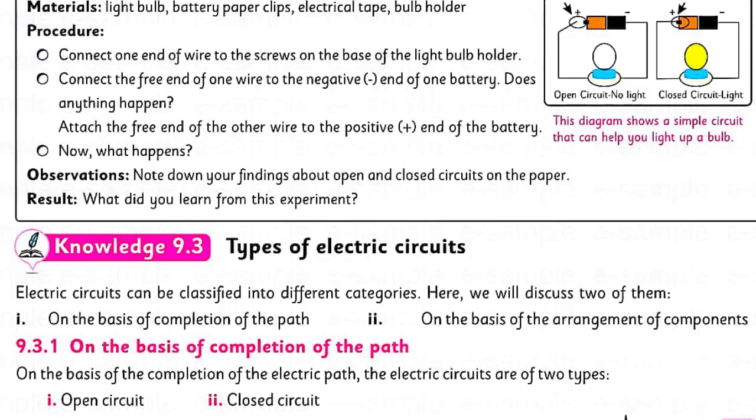On the basis of the arrangement of components. 9.3.1 On the basis of completion of the path. On the basis of the completion of the electric path, the electric circuits are of two types: 1. Open circuit. 2. Closed circuit.